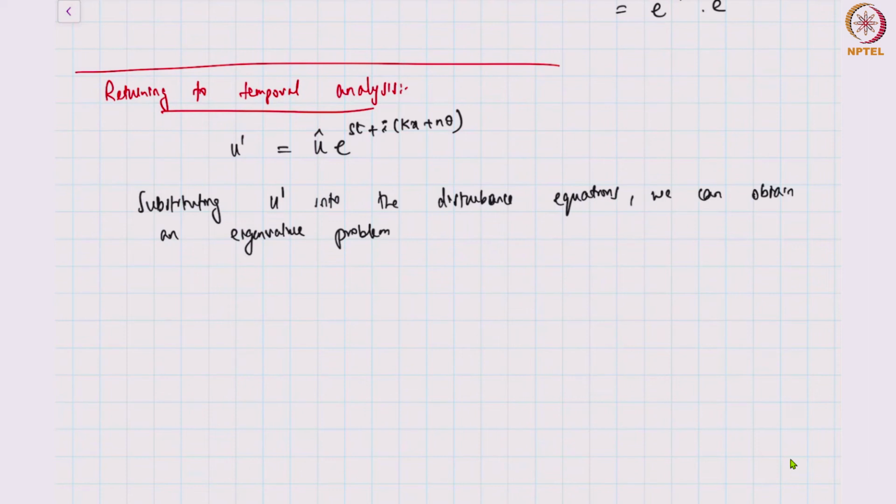Eigenvalue problem for what? It's an eigenvalue problem of the form S, K and N. Remember, S, K, N appear in the normal mode form. And then we have some flow parameters. Capital V is a flow parameter. We have a geometric parameter, which is the radius of the tube, and a material parameter, which is the kinematic viscosity. So we get an equation of this form. This is called the dispersion relation.